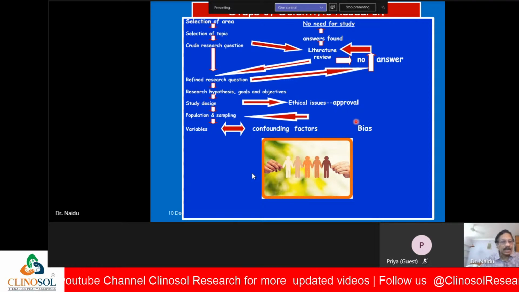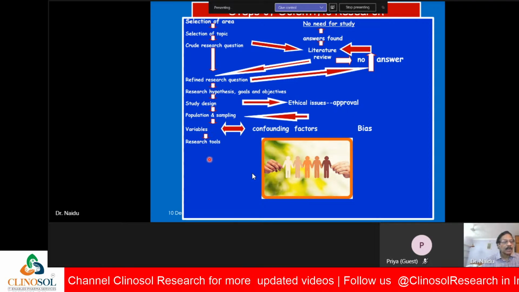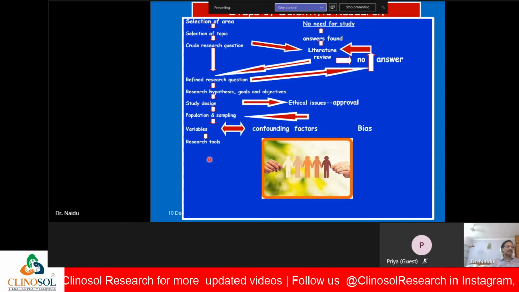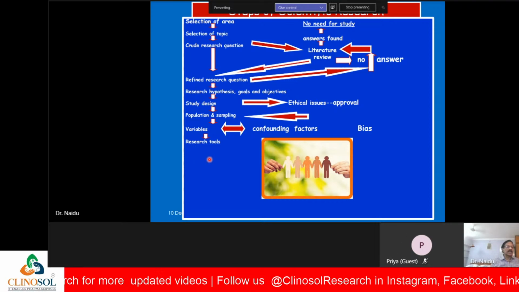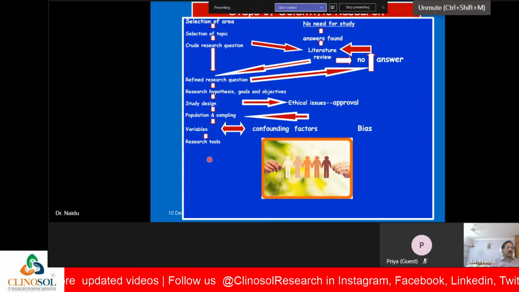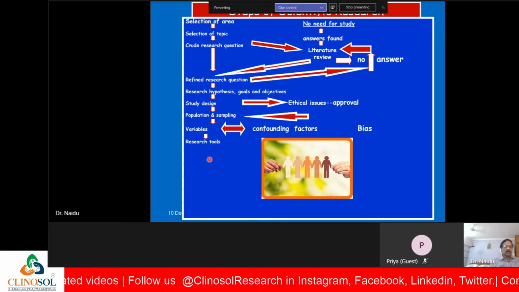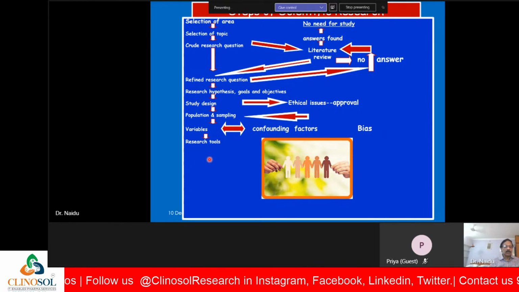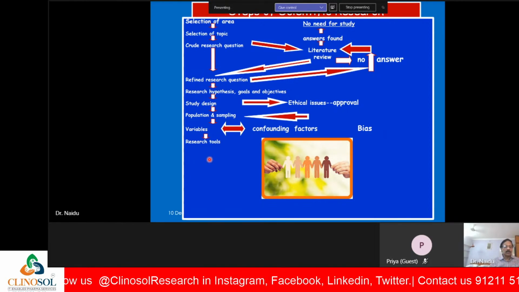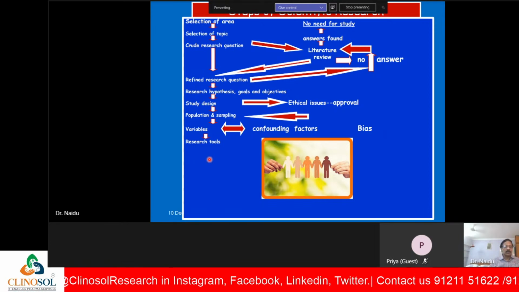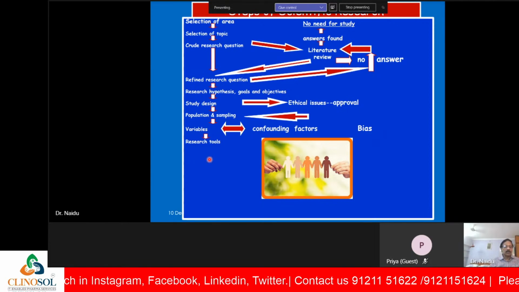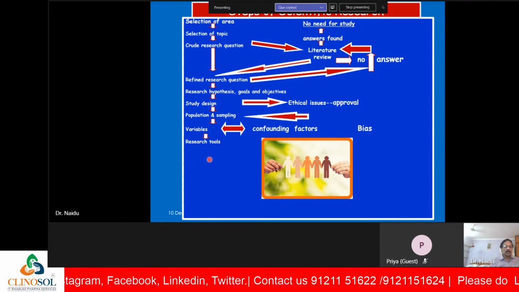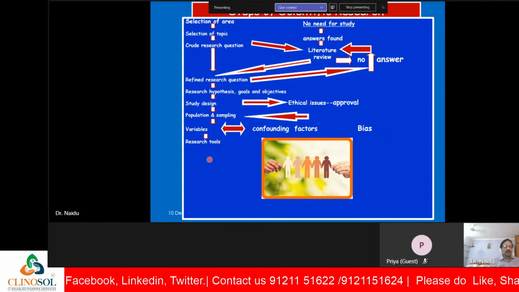After that, the next step is to find out your research tool. When a patient or participant comes, what things do you want to collect, what data you want to collect, what instrument you want to use, how data will be collected. So you prepare your research tool. After preparing your research tool, always do a pilot study because you are doing it for the first time. There is no data available, no answer.